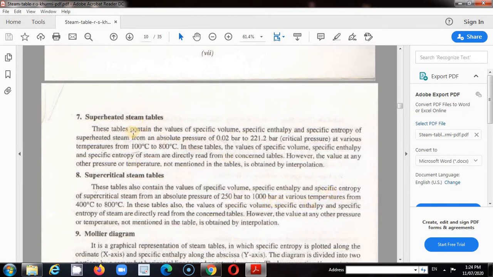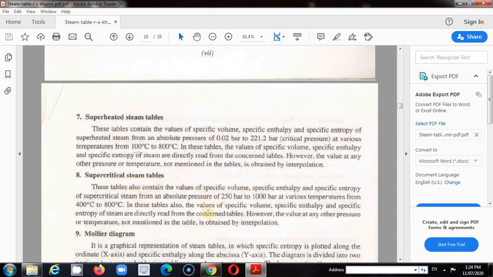When we heat superheated steam, its temperature and pressure definitely go on increasing and it converts into supercritical steam. The pressure range of supercritical steam is between 250 bar and 1000 bar at various temperatures from more than 400 degrees centigrade to 800 degrees centigrade. So in the supercritical steam table, the pressure is high as compared with the temperature.